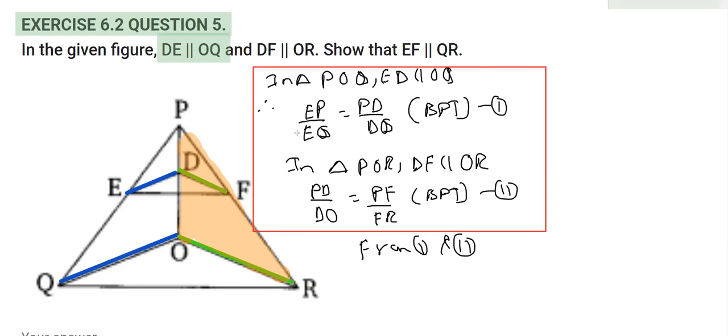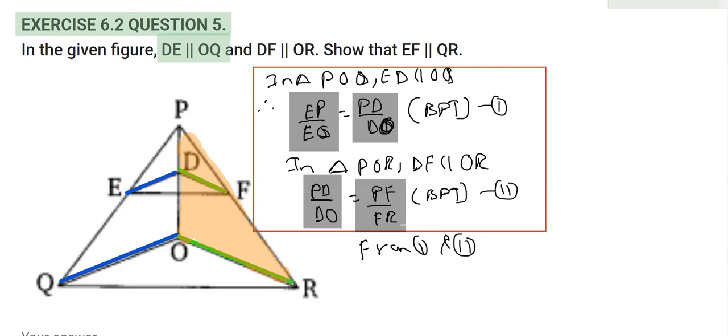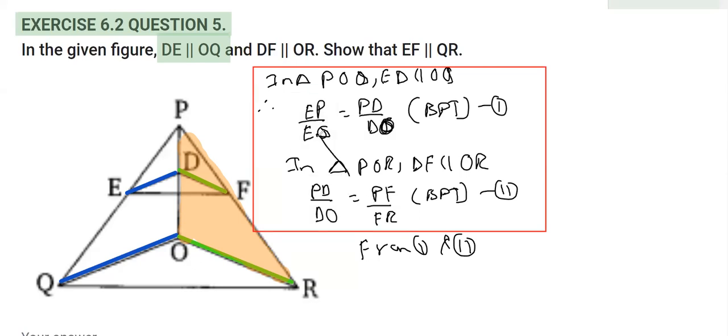The first relation: PE over EQ is equal to PD over DO. The ratio of EP to EQ is the same as PD to DO, and the ratio of PD to DO is the same as PF to FR. So what do we conclude? From these two equations, the remaining parts are equal. That means EP over EQ should be equal to PF over FR.